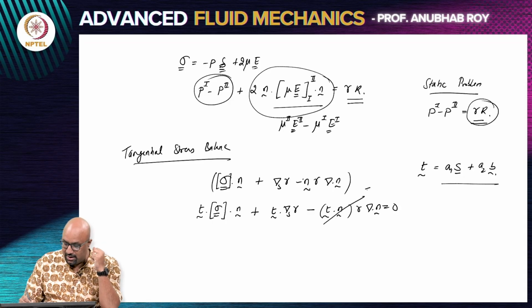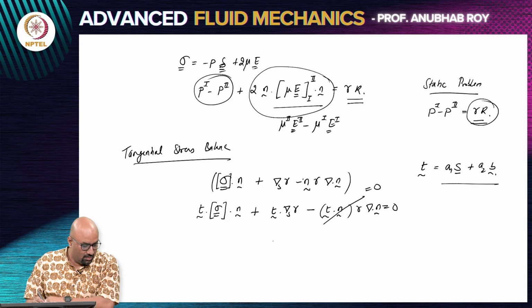Now, this by definition is 0, because the tangent vector is perpendicular to the unit normal. And here, use a Newtonian fluid as your example right now.